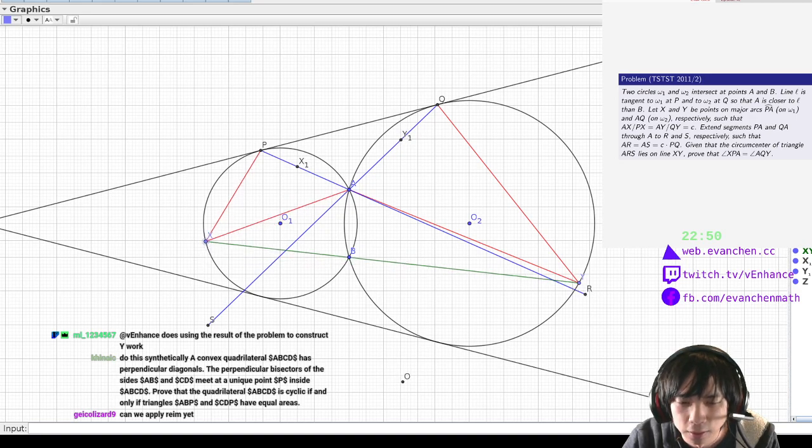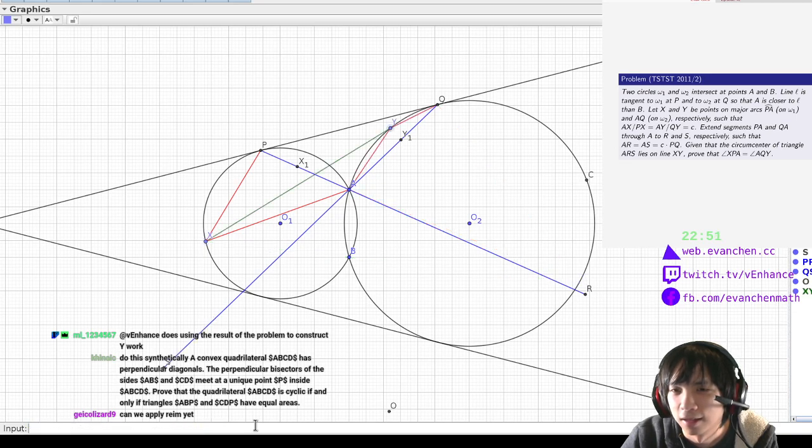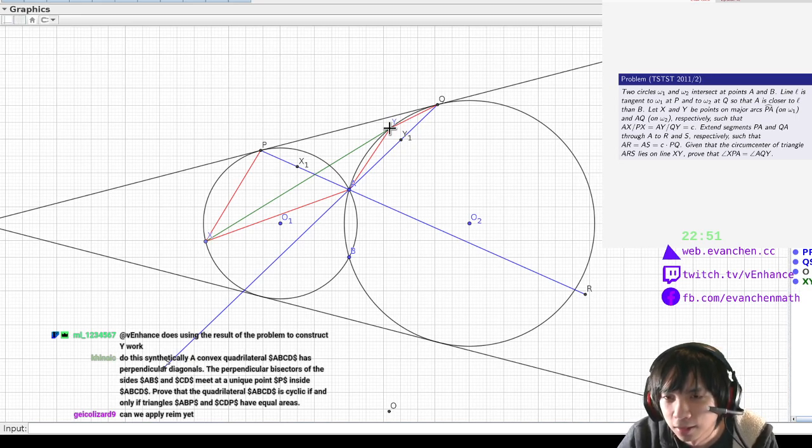Okay, and then Y is the intersection of omega 2 with the circle through y1 and Z. I pick the other intersection. What?